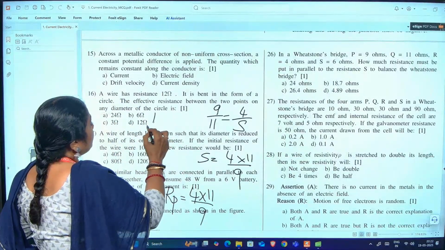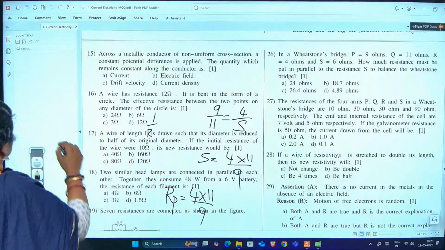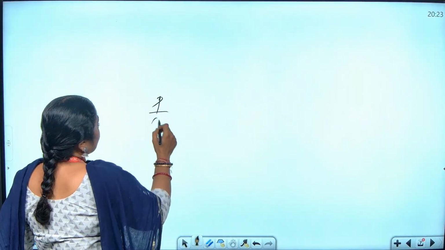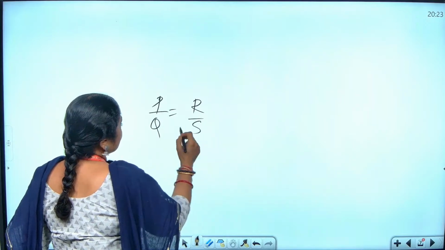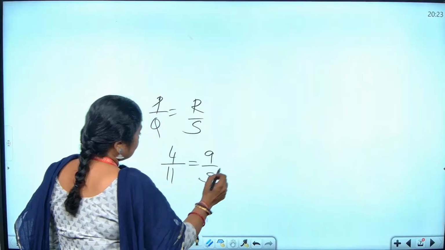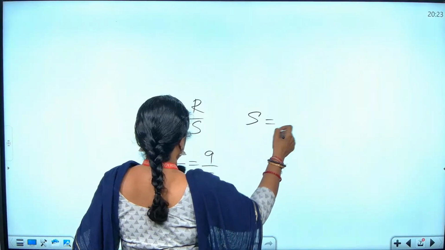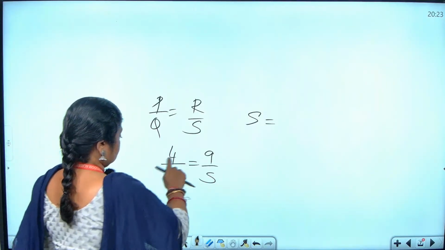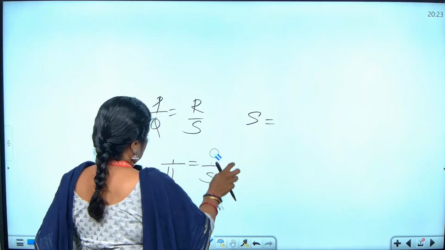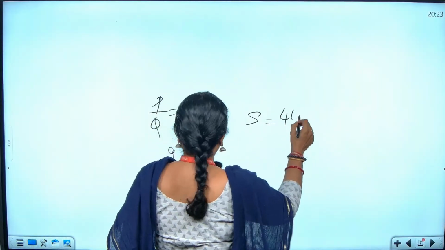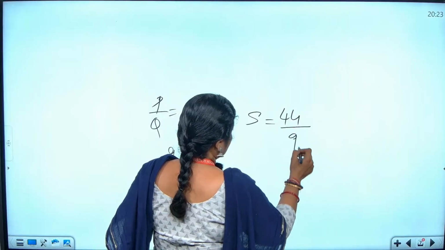So 1 by RP. P by Q is equal to R by S, 4 by 11 is equal to 9 by S. Did I write S wrongly? 9 by 11 is equal to 4 by S. So 44 by 9.